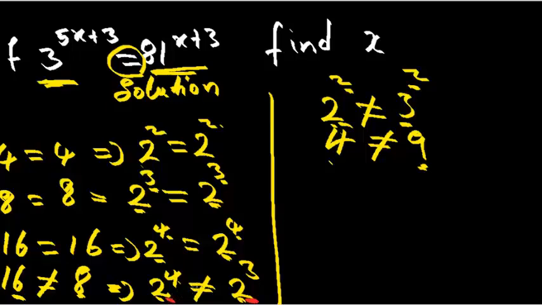So the only case in which the left side and the right side are the same is when both the bases and the indices are the same.